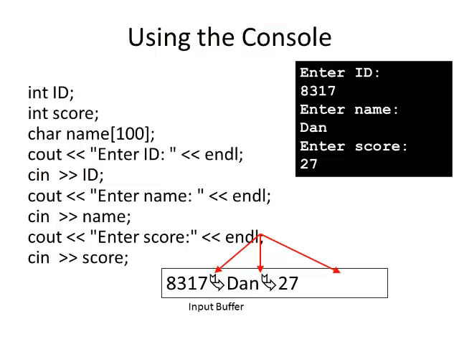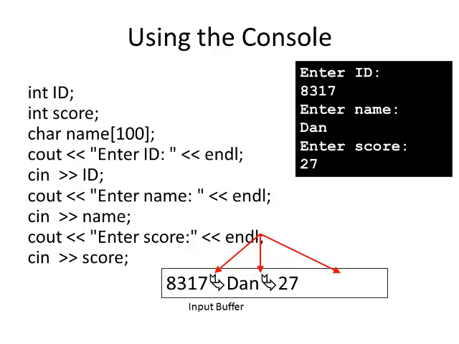Here are some examples of just using the keyboard and the display. I have a variable called ID, another one score, another one name, and this is a character array. Let's say cout enter ID, then cin, and I read the ID into that variable. And cout enter the name, and then I'll use another cin and put it into the name variable.